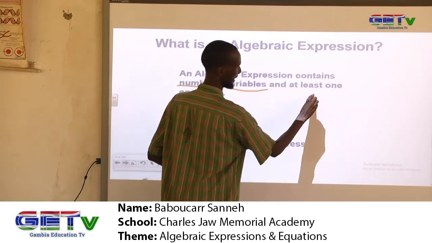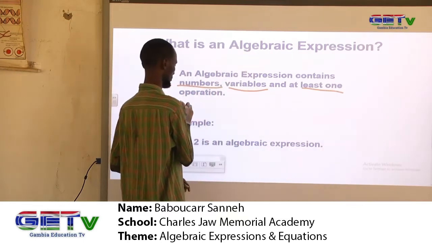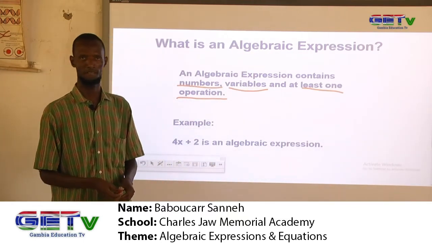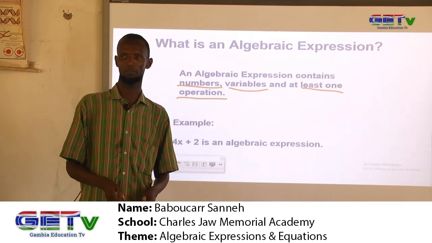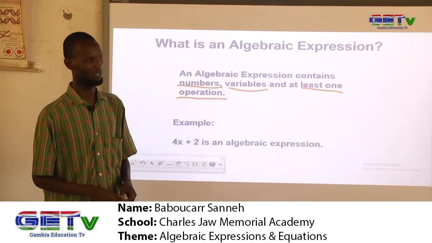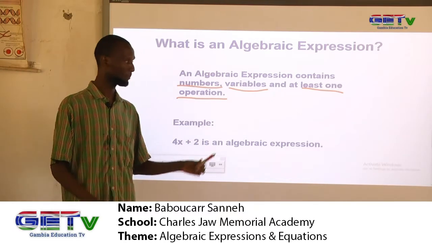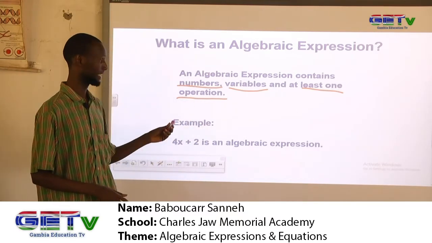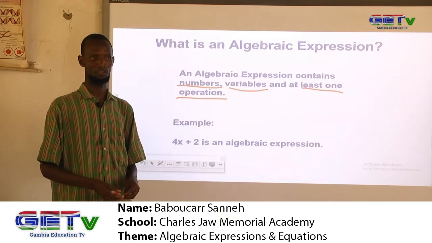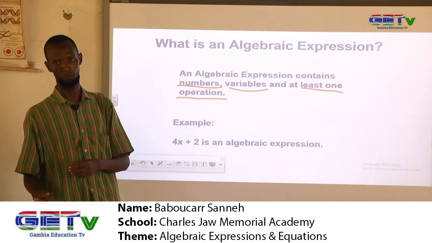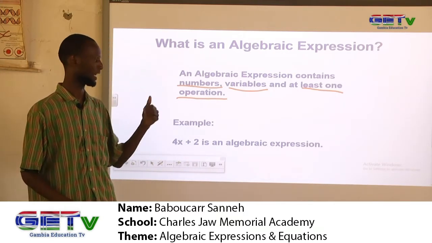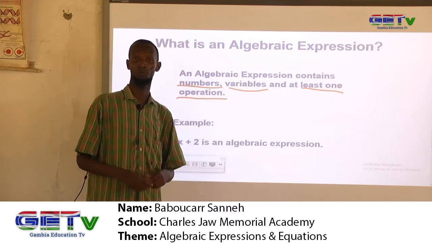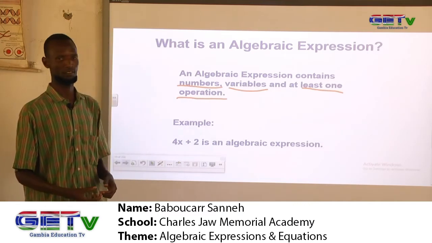And at least one operation. We know the operations are addition, subtraction, multiplication, and division. So it must contain at least one of those, meaning it can contain more than one. You may have 2 operations in the same expression, but there must at least be one. You can't have an expression with no operation.